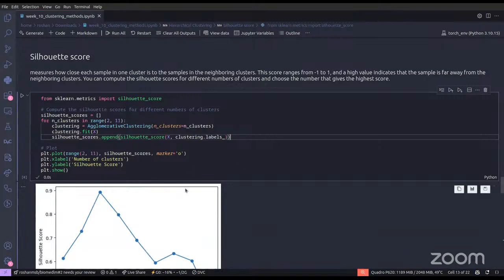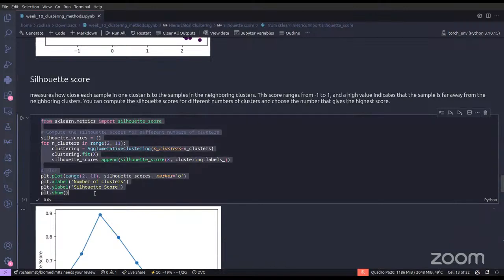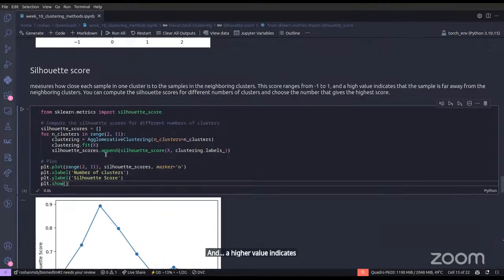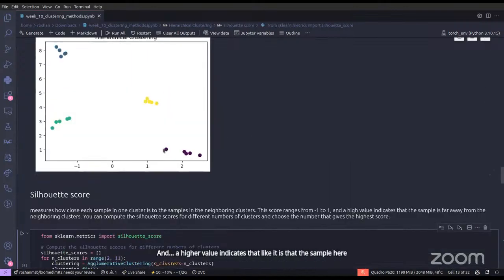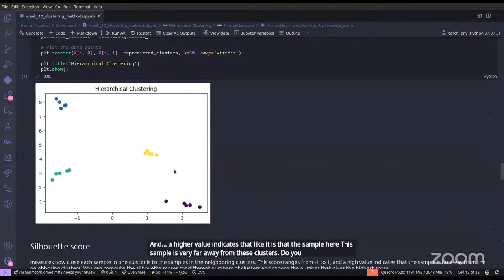So this score, the range is between -1 and 1. And a higher value indicates that this sample is very far away from these clusters. Do you want it to be far away or closer together?